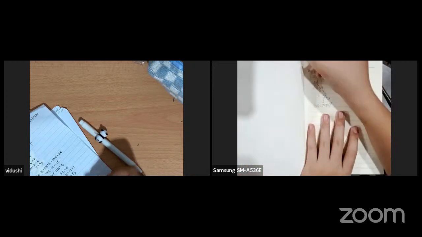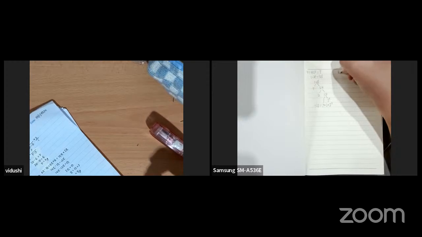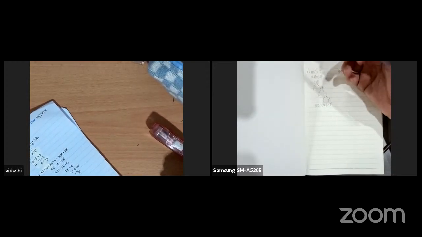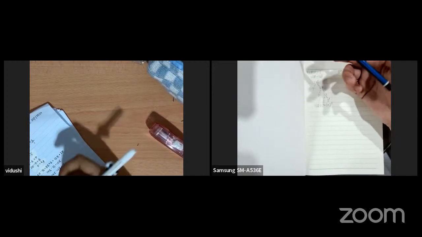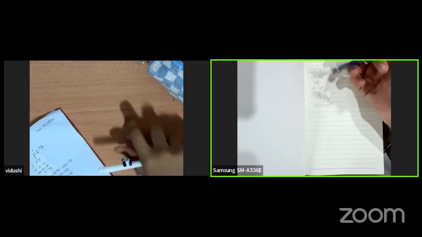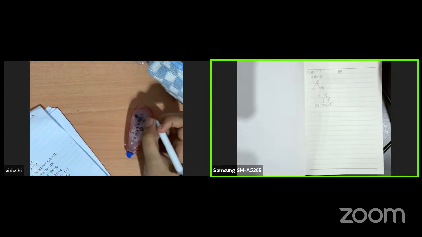Wonderful, Vidushi. I have a question for 9. If you look at question 9, would you suspect that it is an HCF LCM question? I can't really tell.